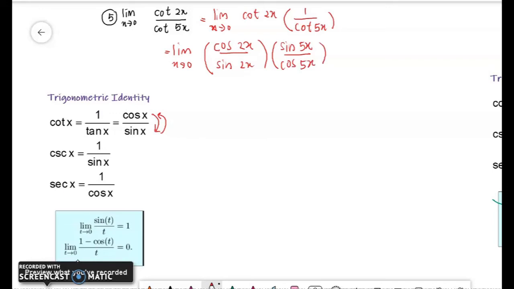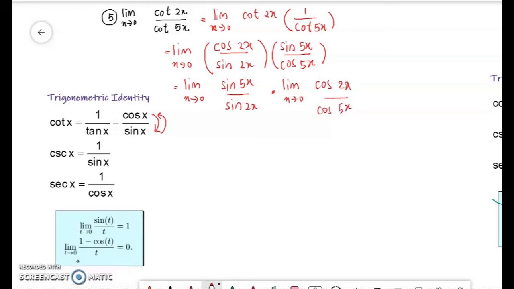So for cos, you can separate cos, and also separate sine 2x and sine 5x, like this: limit x approaches 0 of sine 5x over sine 2x times limit x approaches 0 of cos 2x over cos 5x.